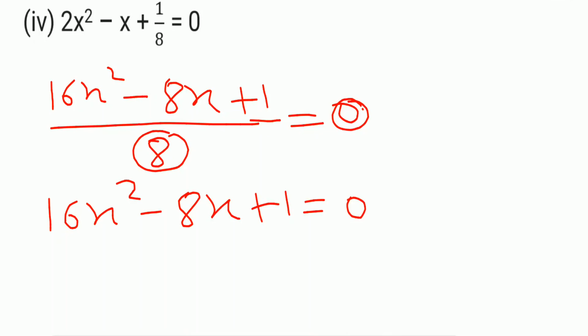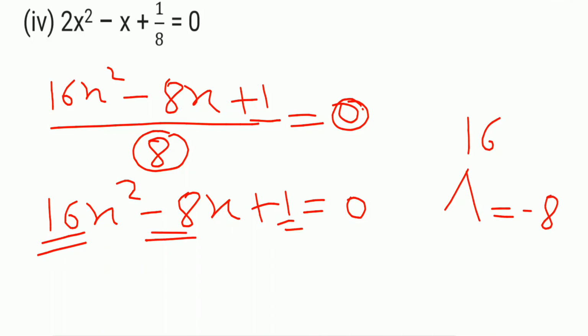Now see what's supposed to be the product? 16 coefficient of x square and this 1. 16 into 1 is 16 supposed to be the product, and sum supposed to be minus 8, coefficient of x which is minus 8. Don't forget the sign. Now two numbers we have to choose. So 4 into 4 is 16, but minus 4 and minus 4 becomes minus 8.